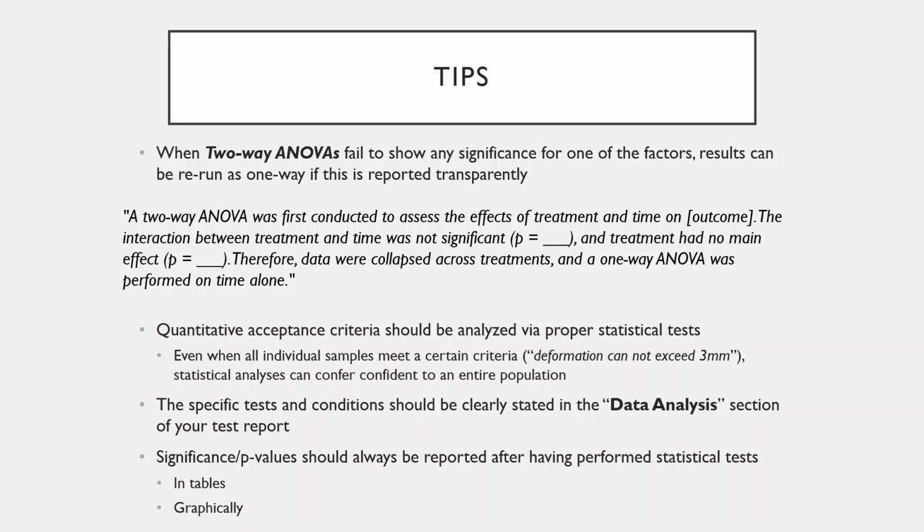And then lastly, your significance and p-value should always be reported after having performed certain statistical tests. So you might have tables that summarize these graphically. As I showed you in GraphPad, you can put those asterisks or the actual p-values within your actual graphs as well. And always frame these in reference to your acceptance criteria.